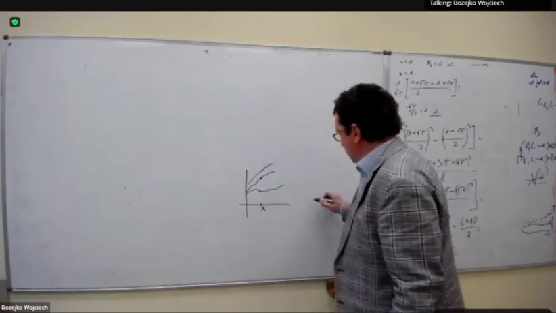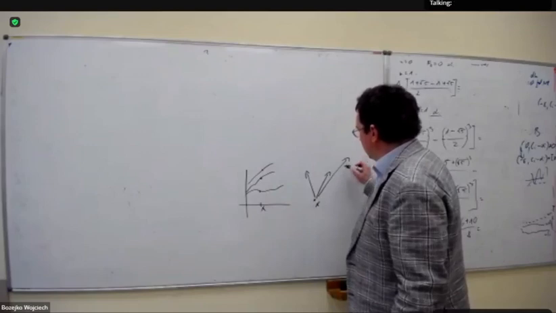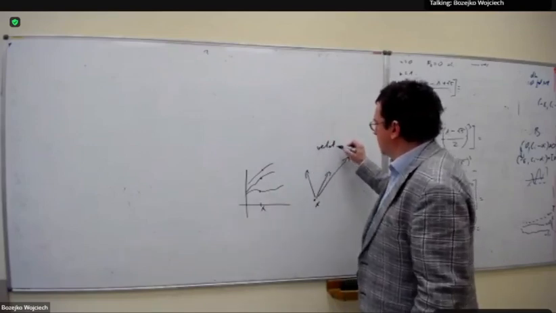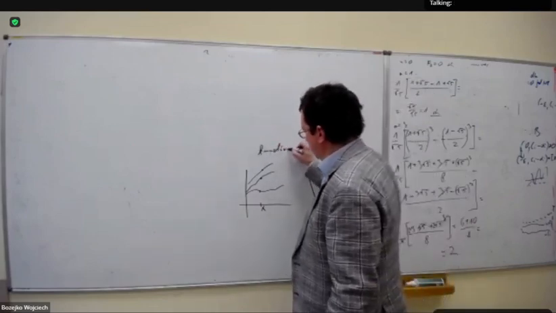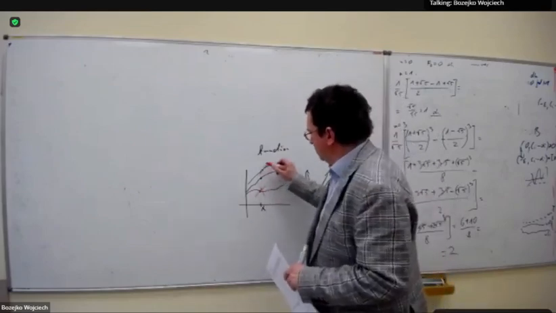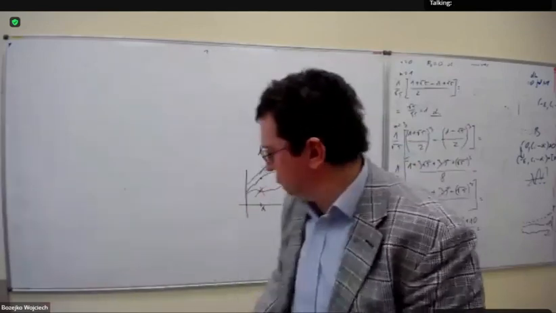In a relation, we can have the possibility that for one x we have a relation with many elements. So in a function, this one or this one are not possible, because we have only one value.